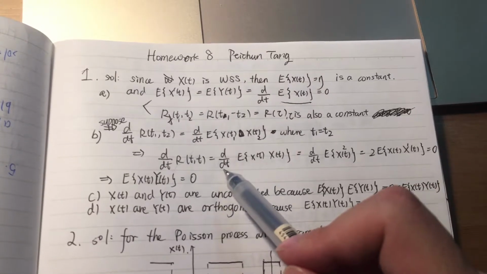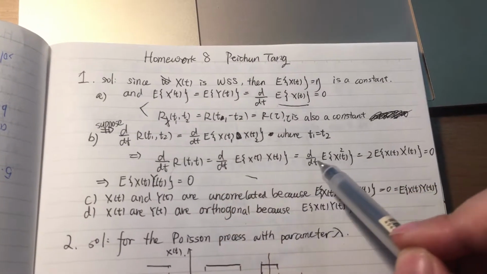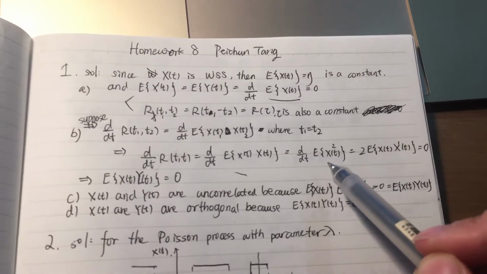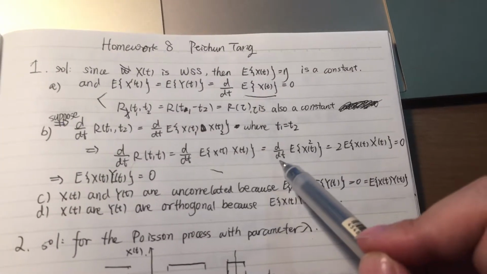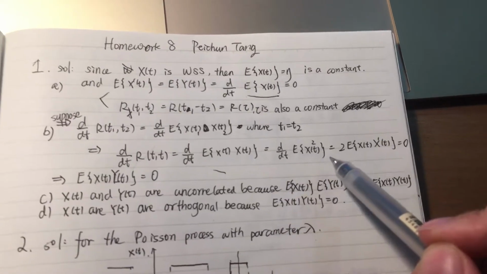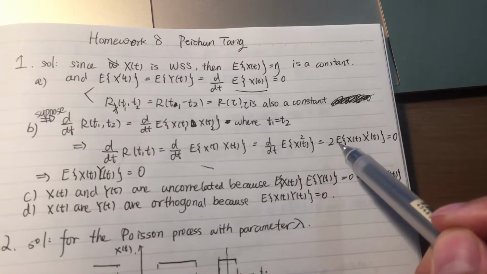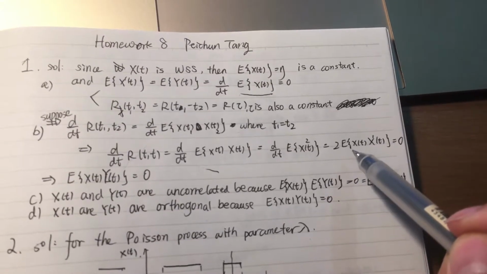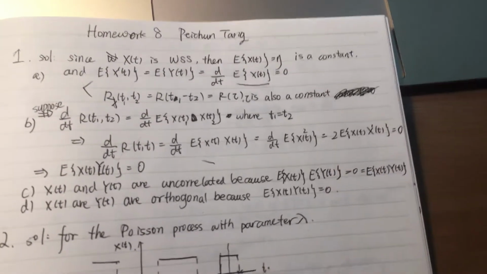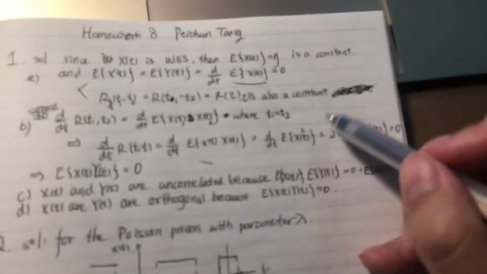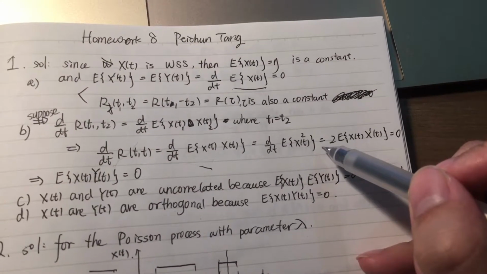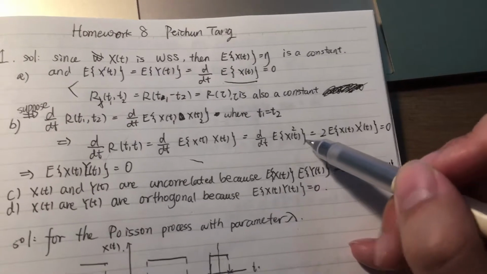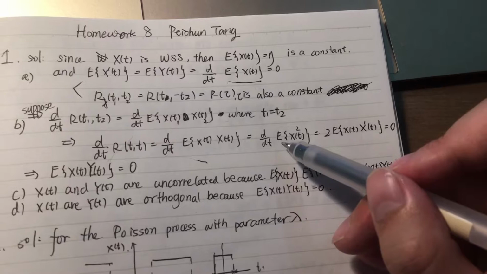And we take the derivative of this equation. Since the inner side of the bracket is X(t) to the degree of 2, we can get it to be exactly equal to 2 times the mean of X(t) times the first derivative of X(t). This is basically employing the rule for finding the derivative of a composite function.